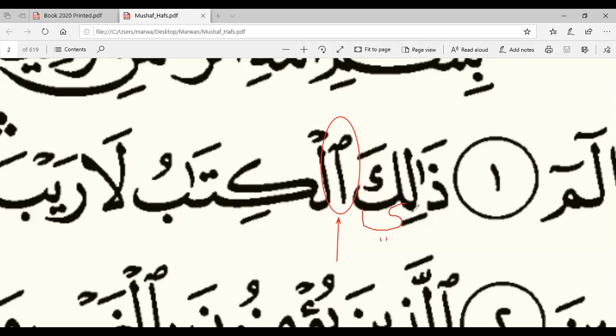Because ya extends the kasra. Let's see if I can pretend here, I can erase something. Give me a second. Let's pretend we're erasing the ka here, right? So let's pretend that there was a ya right here connected to this la. So as if we're saying the li.